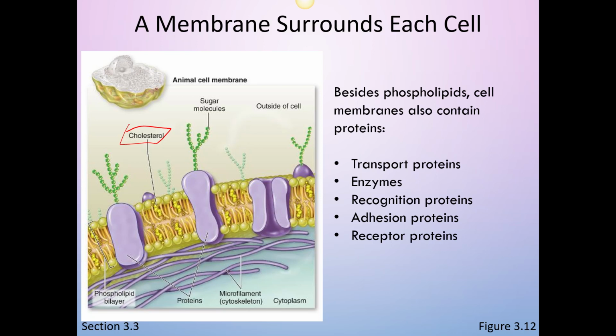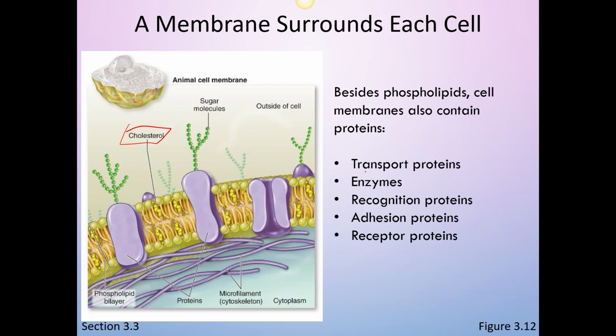If you don't have enough cholesterol, the phospholipids can slowly start to float away and become really loose, and the cell becomes really leaky. It loses its selective permeability, and toxins can start to seep through the membrane, which becomes a very dangerous situation for the cells. So we need some cholesterol, but we don't want too much.